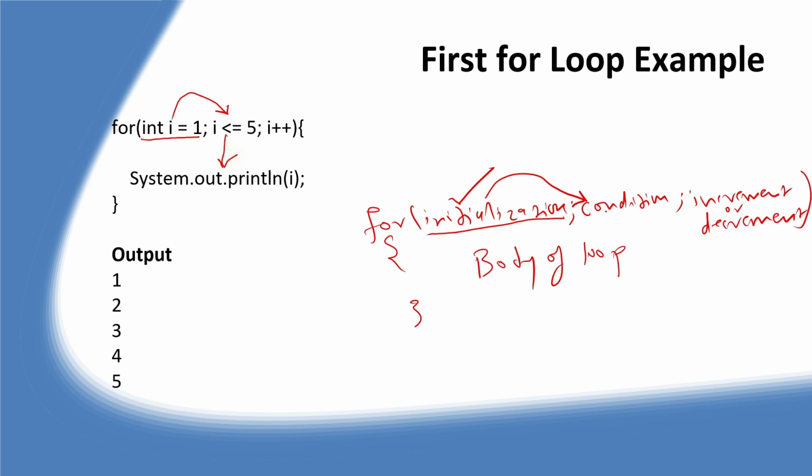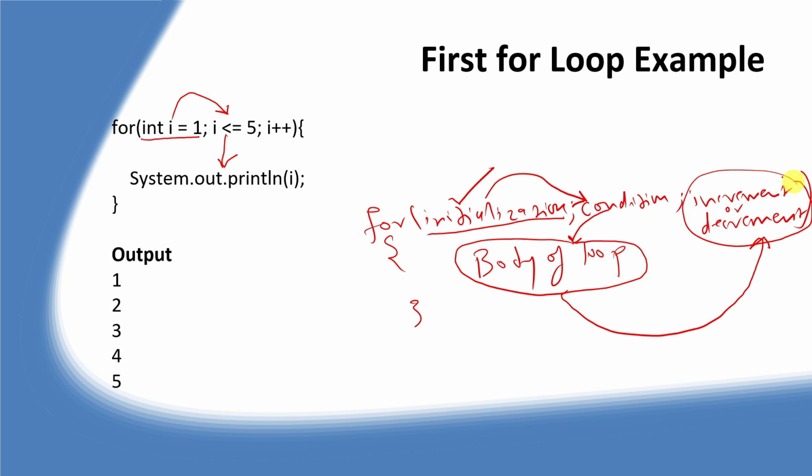So if condition is true, then it will execute the body of a loop. And if body of loop is executed, then again it will go to increment or decrement.